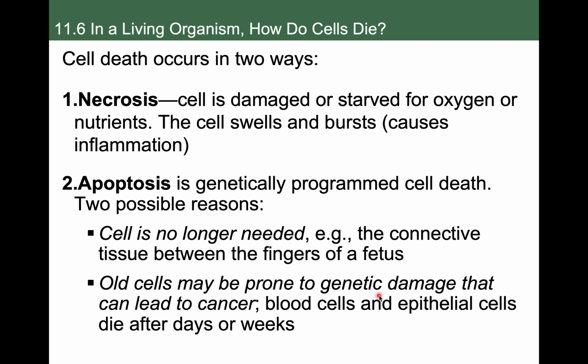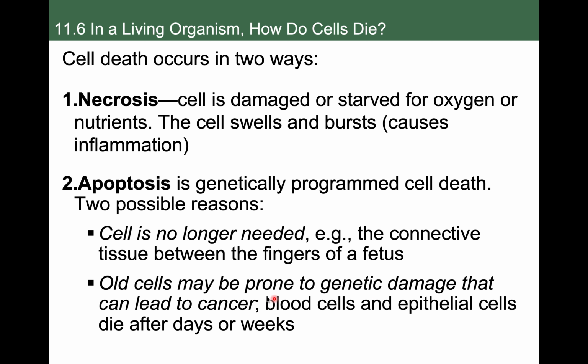So there's necrosis and then there's apoptosis. Necrosis is the bad kind of cell death because it just happens due to tissue damage, right? And so when a cell dies by necrosis, basically the cell swells up and bursts, and so its contents now are pushing on other cells, so you get swelling, you get inflammation, it hurts and it's uncomfortable.